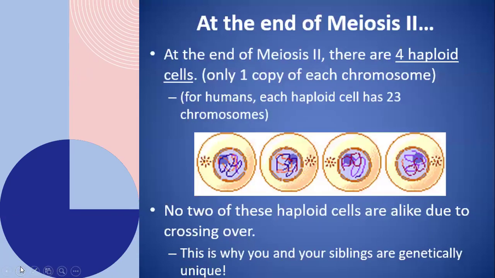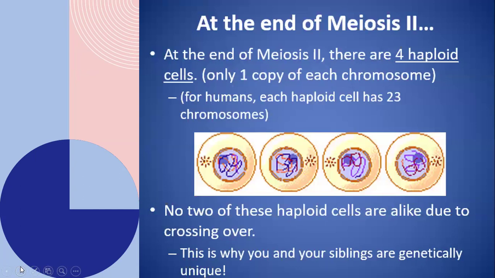So at the end of our meiosis 2, we are going to have 4 haploid cells, each having only 1 copy of each chromosome, okay?